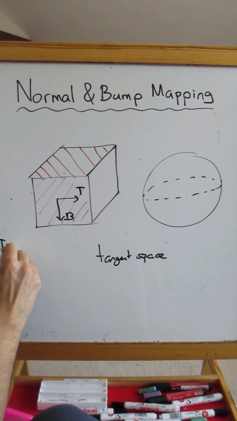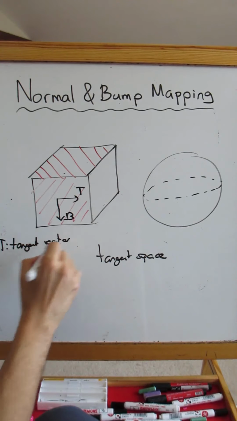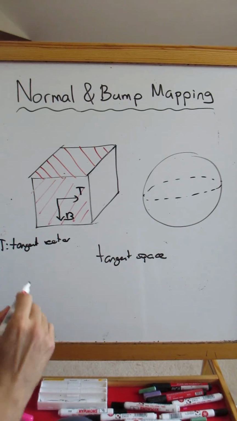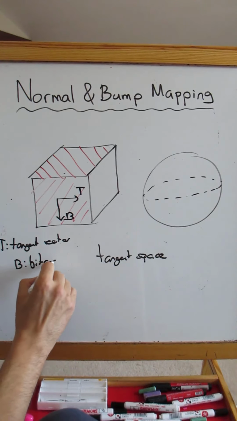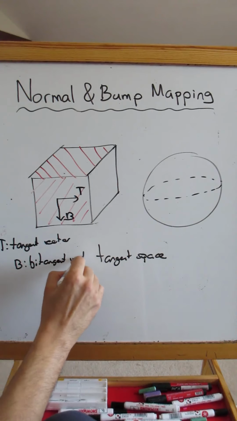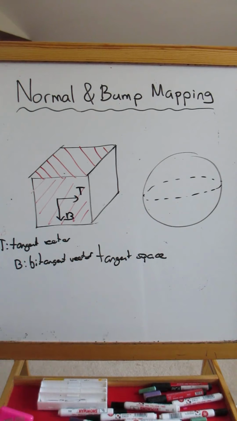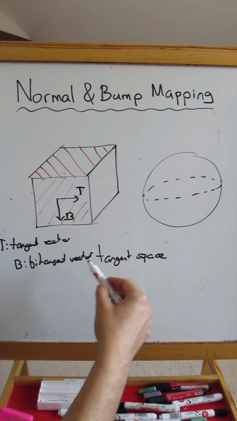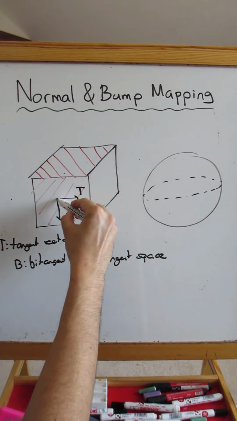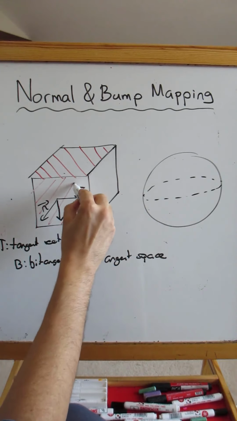So T is the tangent vector, and B is the bitangent vector. These are typically orthogonal to each other. And the third vector in this space is the normal vector. Each of them are vectors.